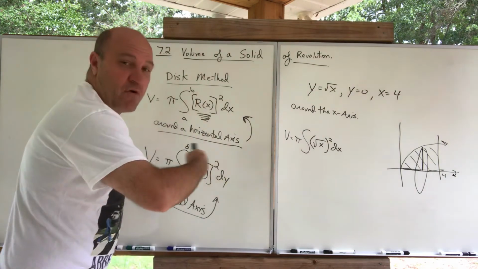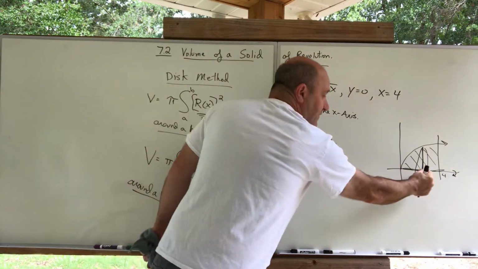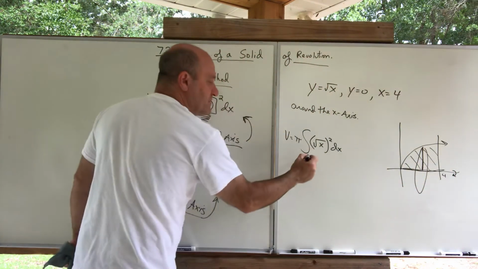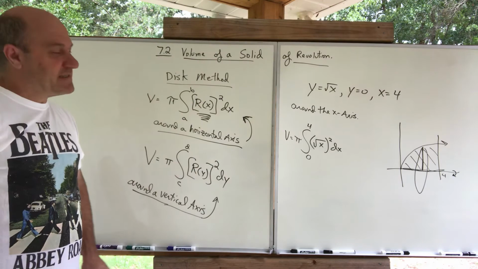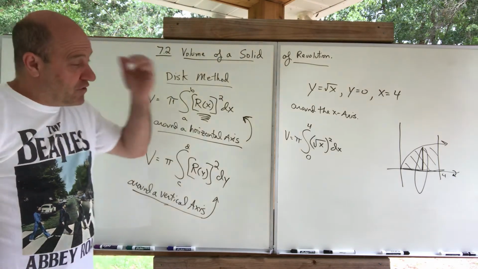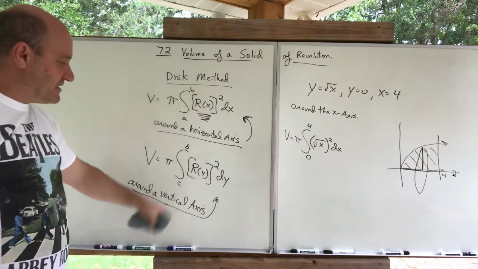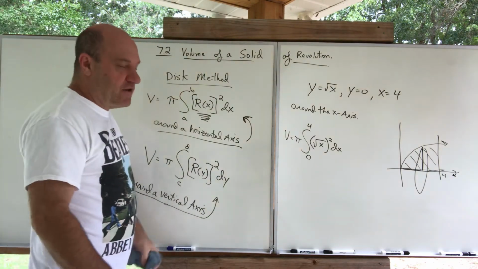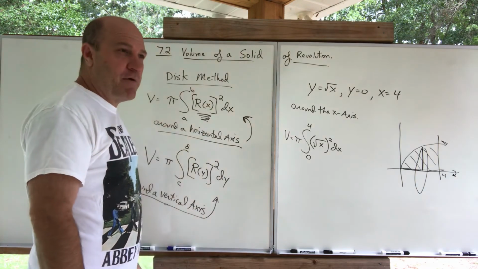I'm doing that for a bunch of little disks as they move from 0 to 4. That's an easy example. You have to learn to look at these pictures and set up this integral. I'd like you to memorize these formulas. I think if you understand the geometry behind these formulas, they're easy to memorize.